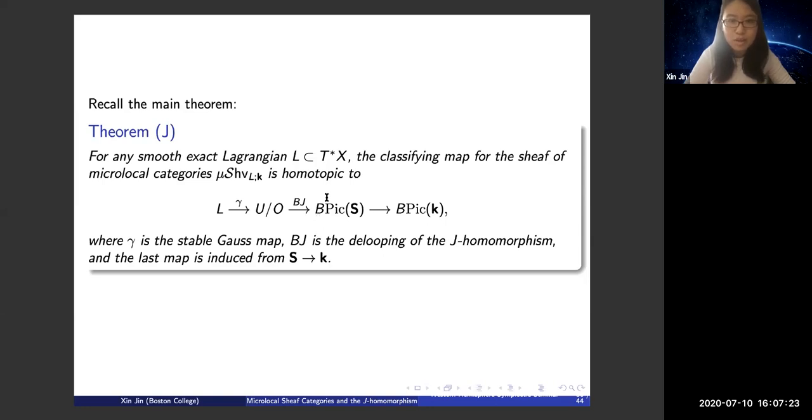So you have this classifying map to BO, and then you have the second Stiefel-Whitney class, H2 of BO with Z mod 2 coefficients. So that's essentially this composition. Is there another way to say it?